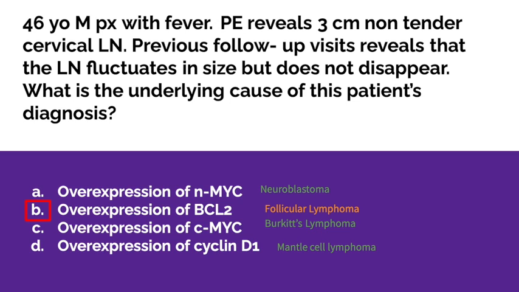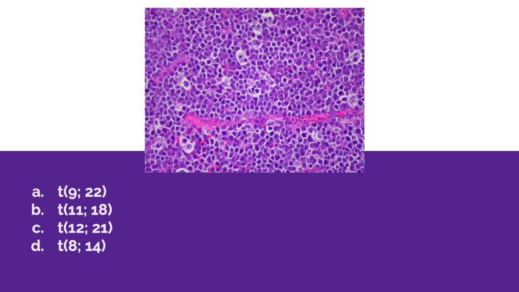So if diagnostic studies reveal an image such as this one, what is the underlying translocation that can be associated with this disease? Is it A, a chromosomal translocation between chromosome 9 and 22, B, 11 and 18, C, 12 and 21, D, 8 and 14?